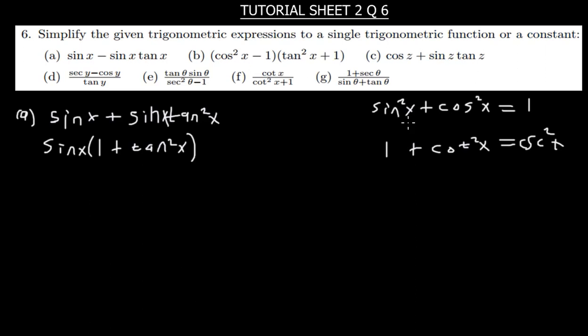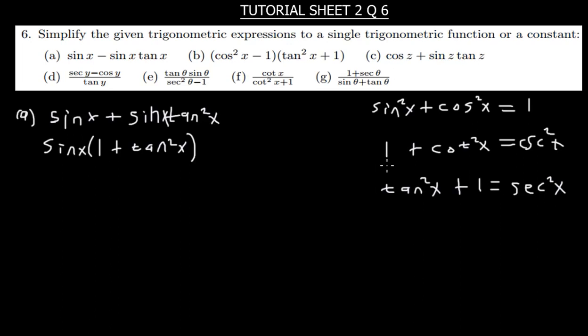Then when you divide this sine by cos, you get tan, and plus, when you divide this cos by cos, you get 1, and that is equal to, when you divide this 1 by cos, you get sec squared x.